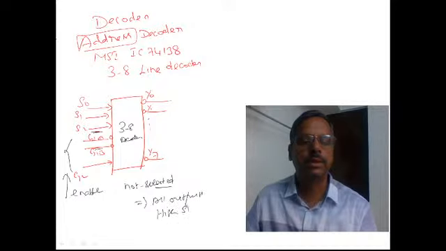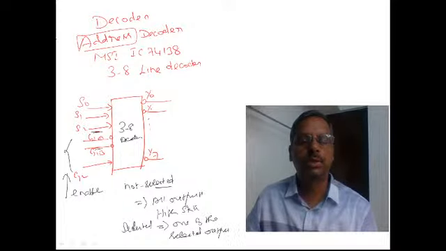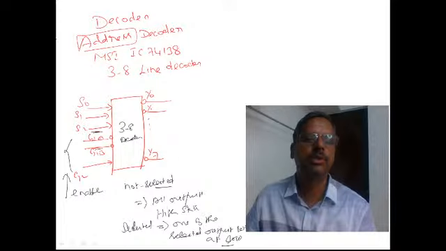When the device is selected, meaning G1A bar is equal to 0, G1B bar is equal to 0, and G2 is equal to 1, in that particular case only one selected output will be at low, because it's active low. Okay, we are seeing active low.